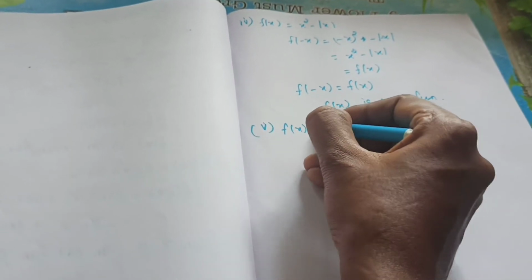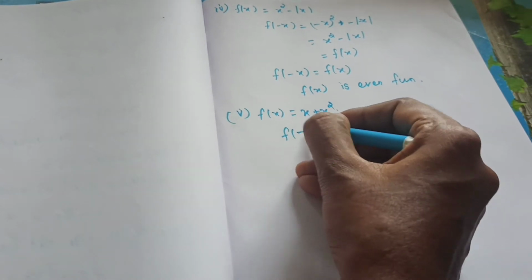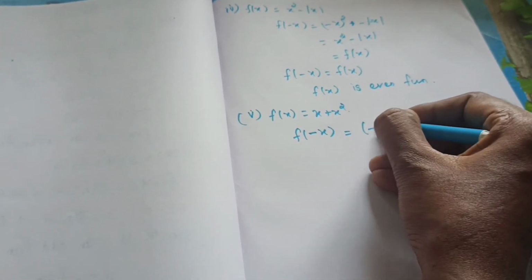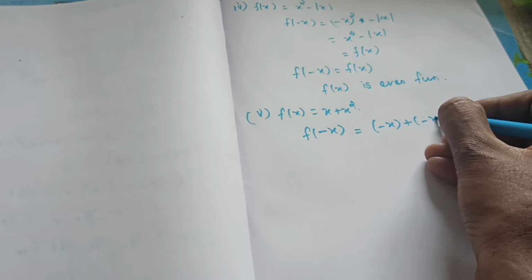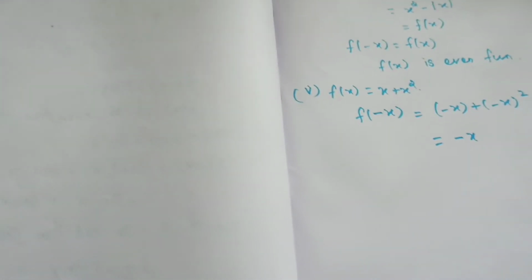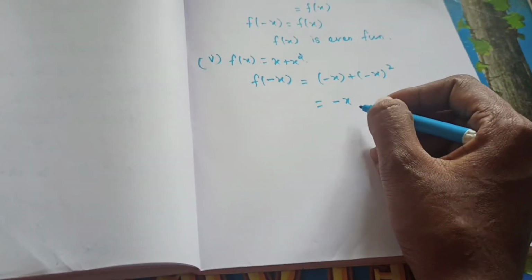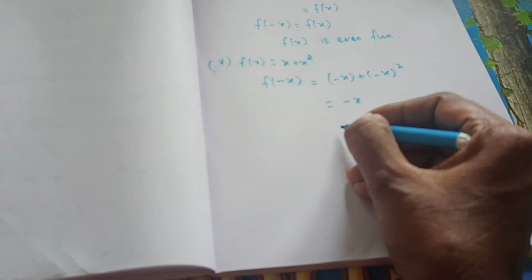Okay, and move to the fifth one. F of x is equal to x plus x square. So what is f of minus x? It is equal to minus x plus minus x the whole square. So then it is equal to minus x, is it right? So what will you write here?